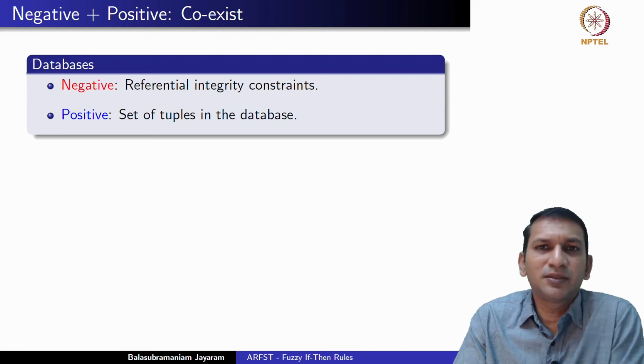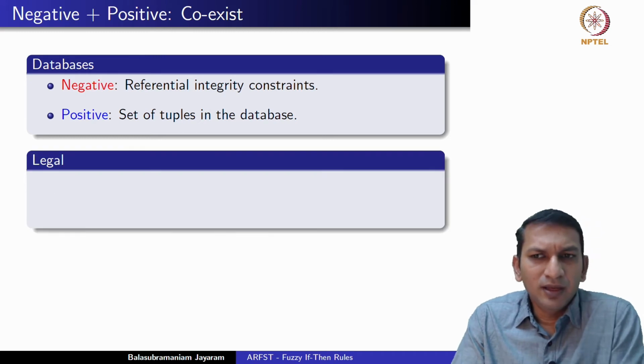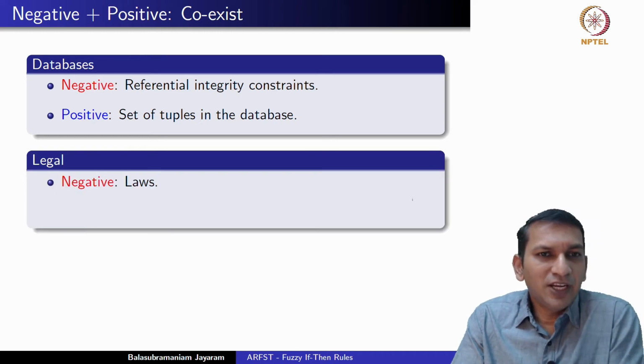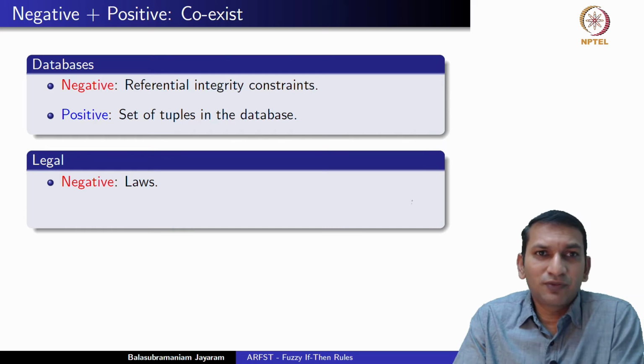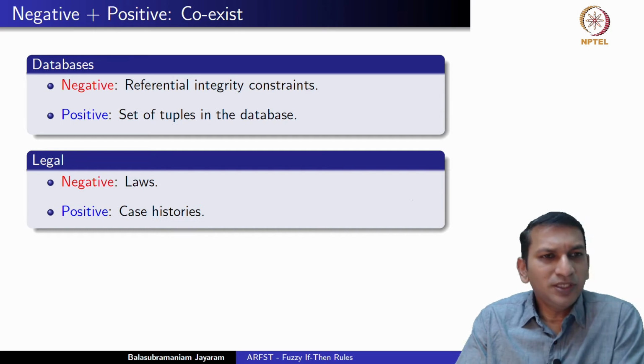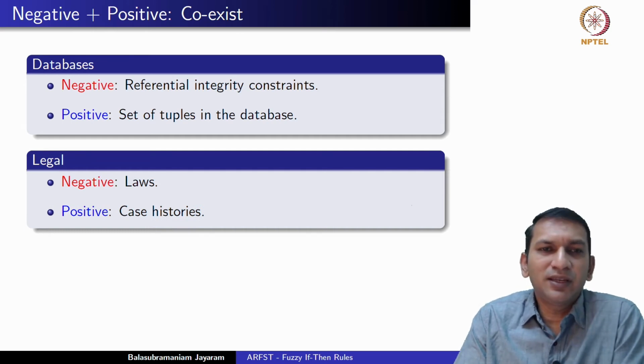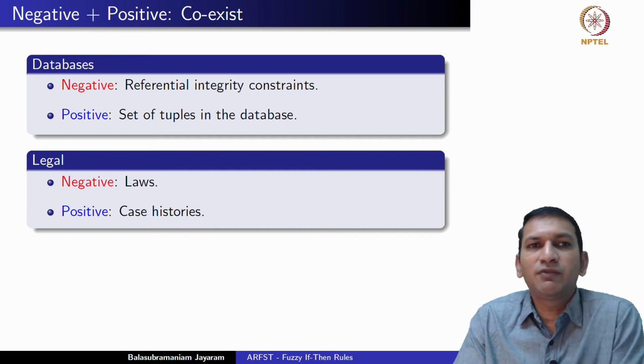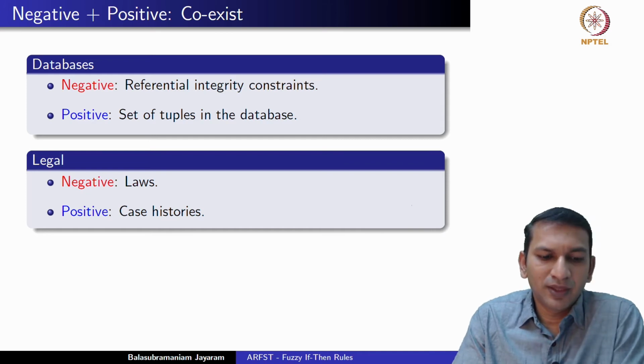So that's a positive kind of information. In the legal framework, the negative piece of information can be thought of in terms of some laws which prohibit you from doing something, or essentially lay out what would be the punishment if such a thing were committed. The positive ones are the case histories where, given such a situation, what kind of a judgment was pronounced.